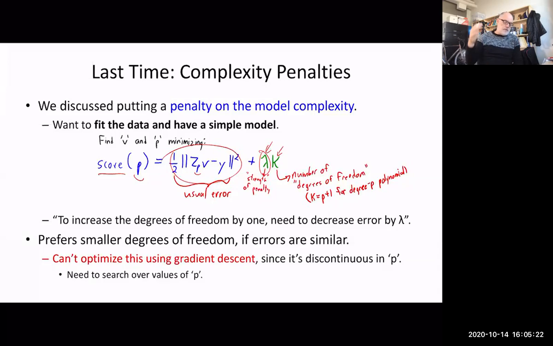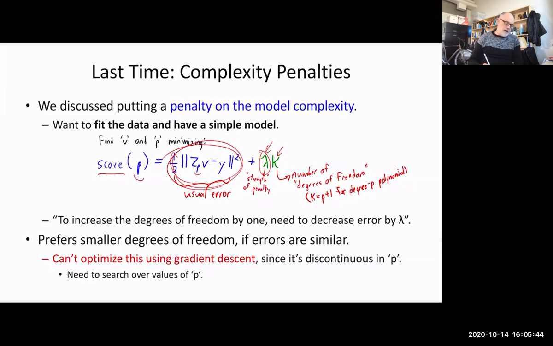Such a penalty prefers fewer degrees of freedom. It prefers less complex, less expressive models, particularly if the errors are similar. In other words, if this term is similar between the two, it's always going to choose the one with the smaller score.